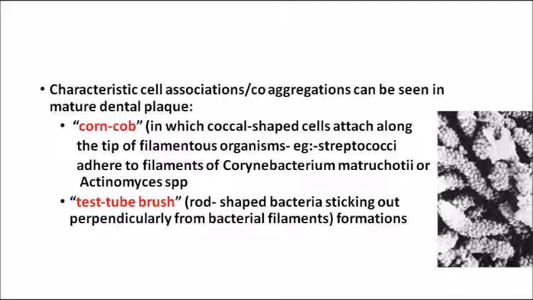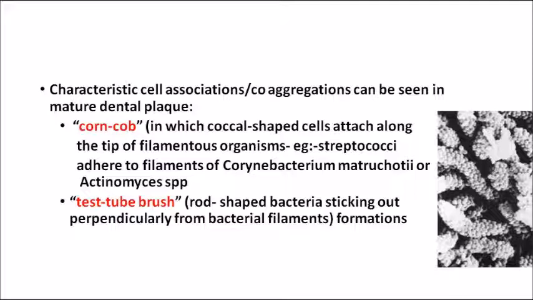Just like that, there is a filamentous organism, and around this filamentous organism we have a number of coccal cells attaching to it. You can see the figure. Classically, the Streptococcus species, which are cocci, attach to the filamentous organism, Corynebacterium matruchotii or Actinomyces species. The corn cob formation is important.